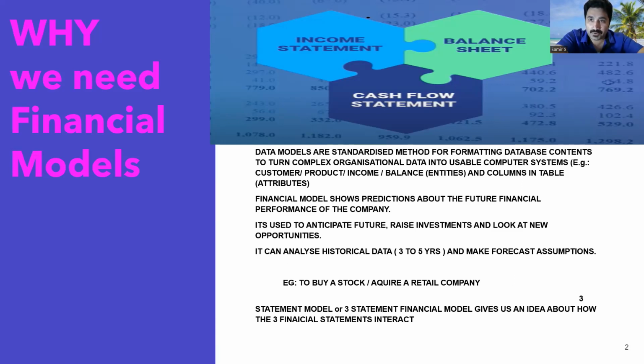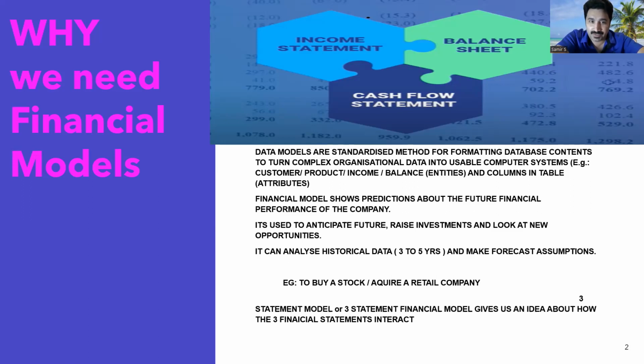Now we are using this data and creating the income statement, balance sheet, cash flow statement so that we can predict the future to see how that company will perform in the future. Basically, we are making forecast assumptions using the financial data to better predict the future. That's what the financial model is all about, to better predict the future based on the historical data for 3 years or 5 years or even 2 years, right?